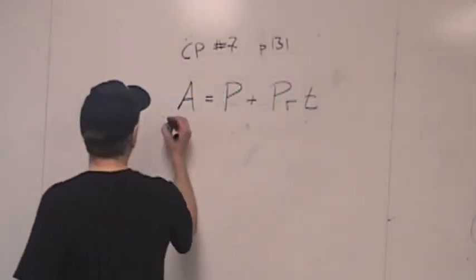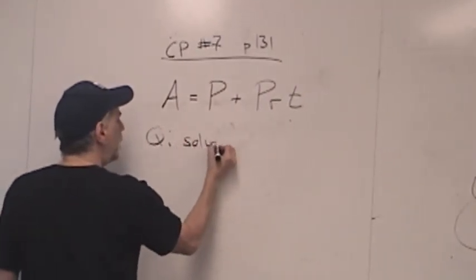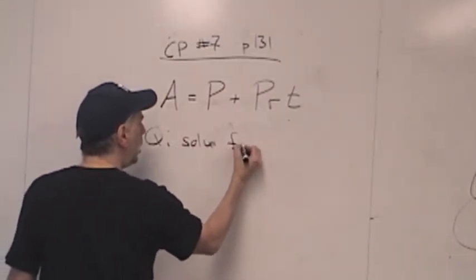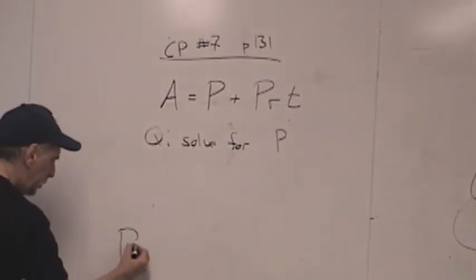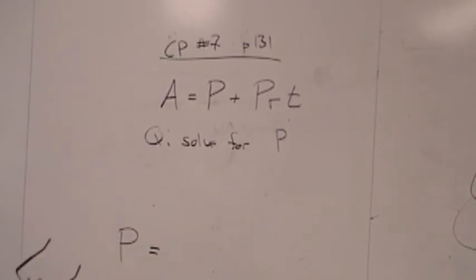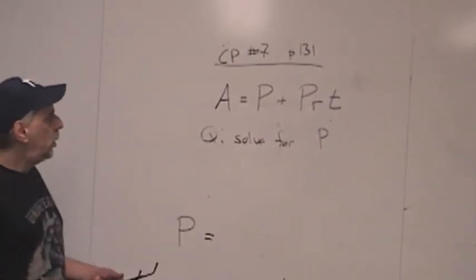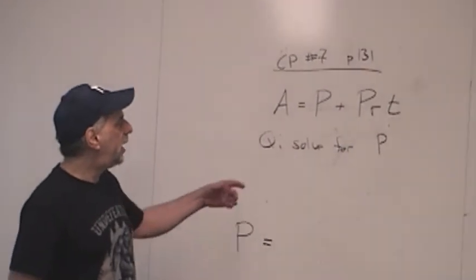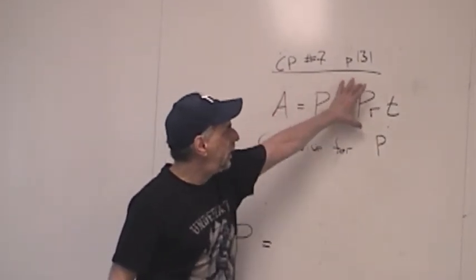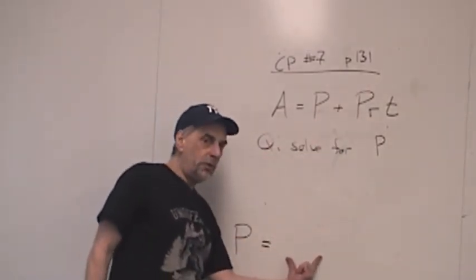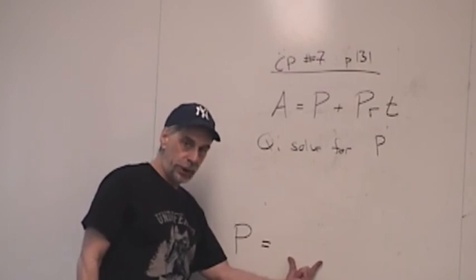And the question is to solve this equation for capital P. Okay, so eventually we want just P on one side and what that equals on the other side. Now, the caveat here is that P appears in two of the terms, right? This term has a P in it, and this one. Now you can't have a P over here, right? You can't solve for P and have a P in the solution, right?